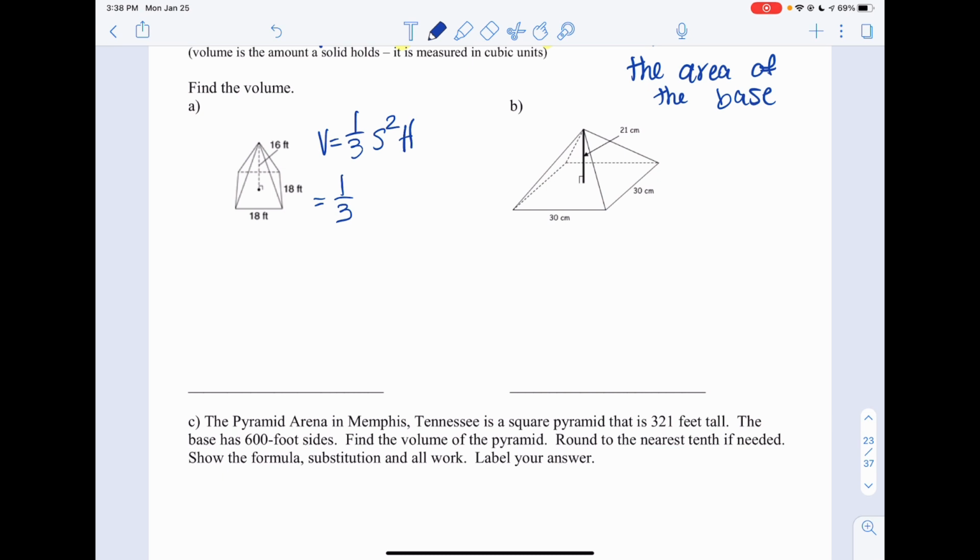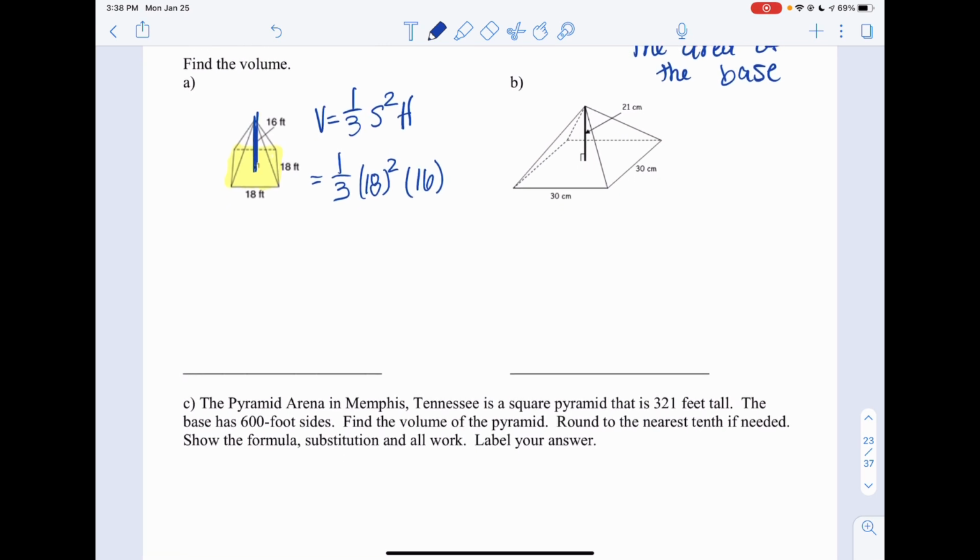And then I'm going to move on to the sides. If I look at my square, which is the base of this pyramid, I have that my sides are 18. So I'm going to plug in 18 squared times the height of my pyramid, which is that middle line straight down the middle, which is represented by 16 feet.